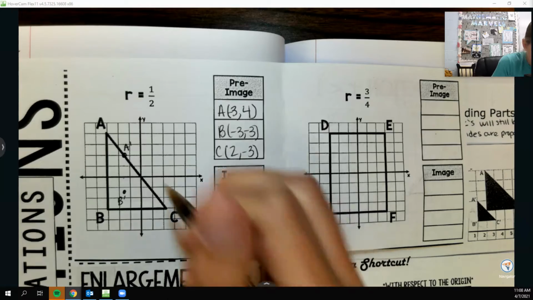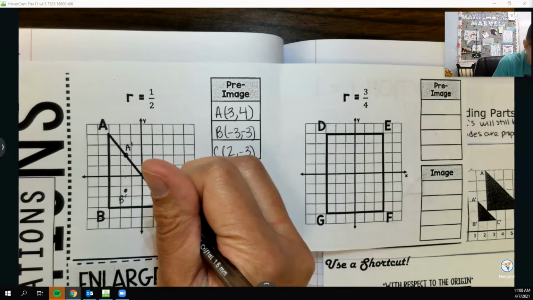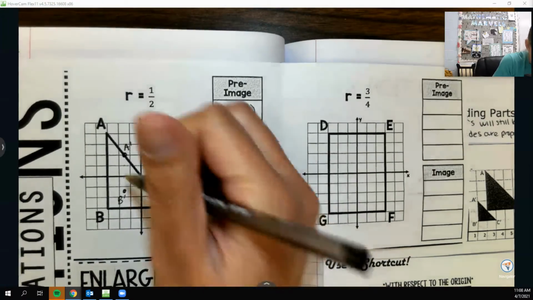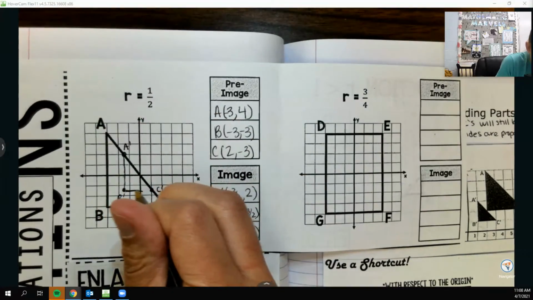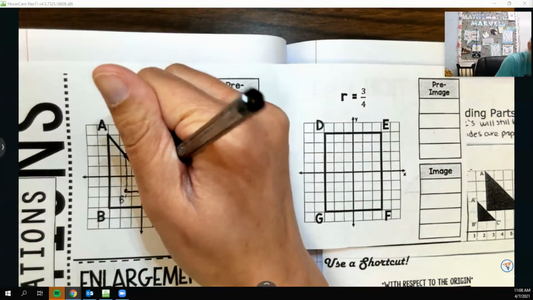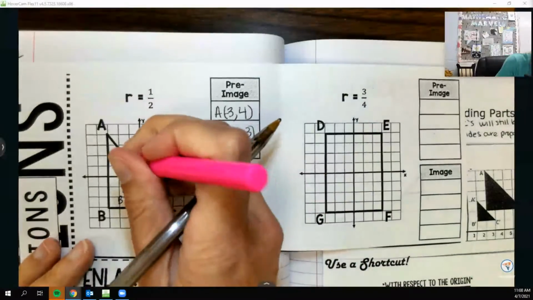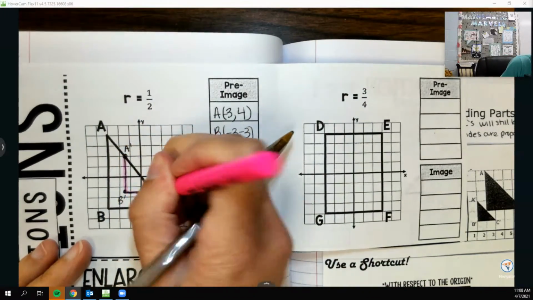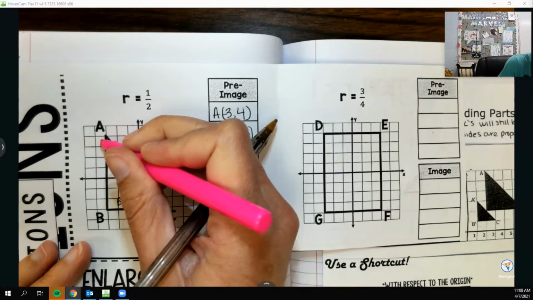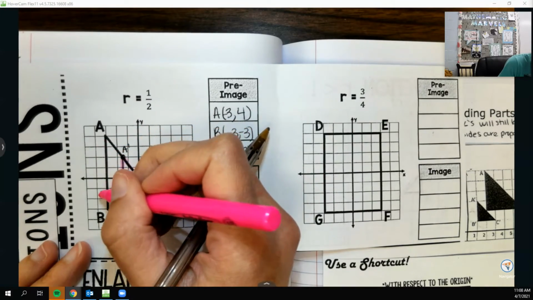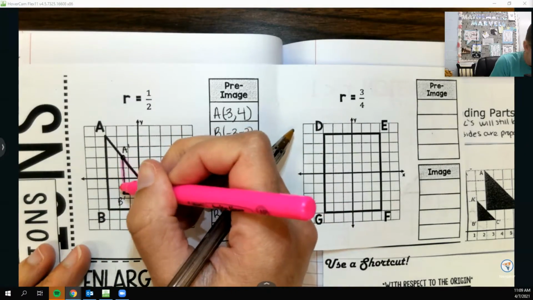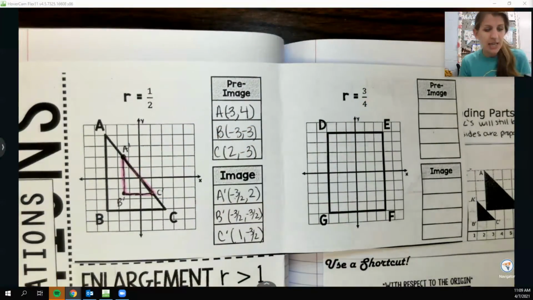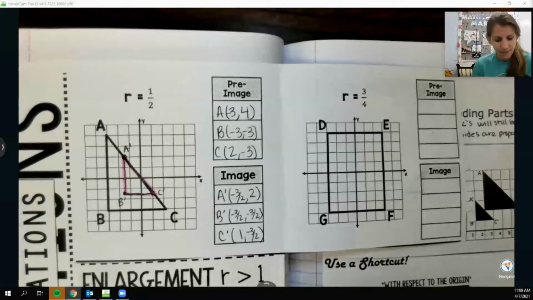And then lastly, C prime is at 1, -1.5, so right here. And again, when I count the length of the sides and everything, that should also get smaller by half. So this side length is 1, 2, 3, 4, 5, 6, 7. So it should be 3.5 units long now, and it is 1, 2, 3.5. So that's kind of fun and cute.